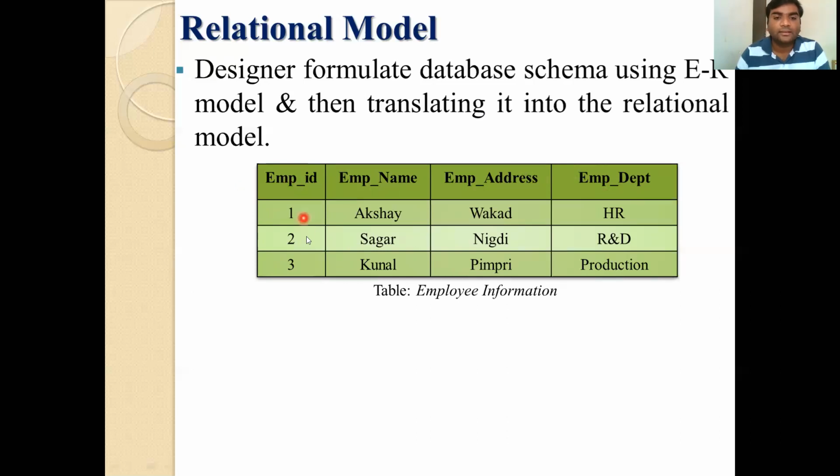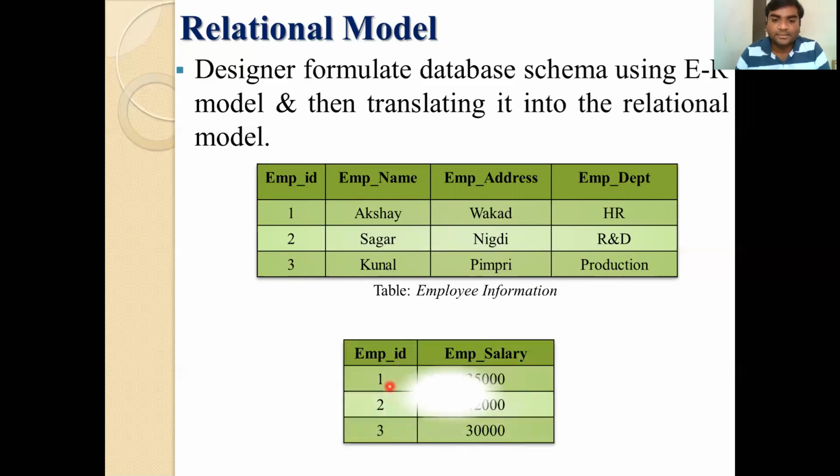Here a number of records are inserted in this table. You can insert any number of records as per your requirement. This is another table having the employee salary information. Again, in this table there are two columns, maintaining uniqueness: employee ID and employee salary. So this is the relational model.